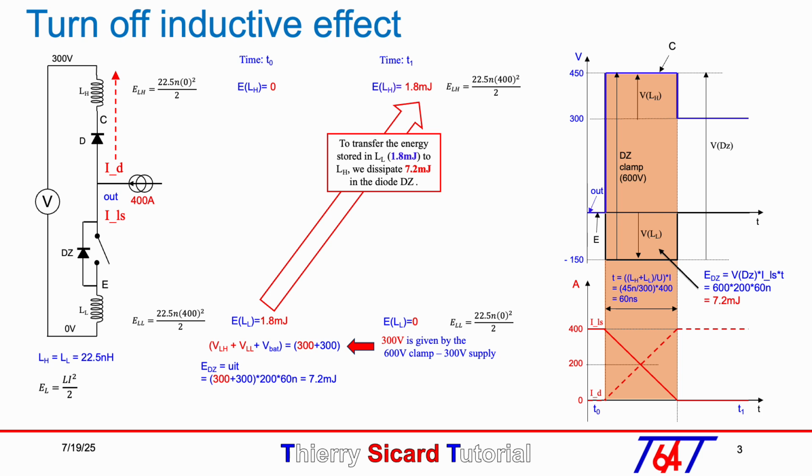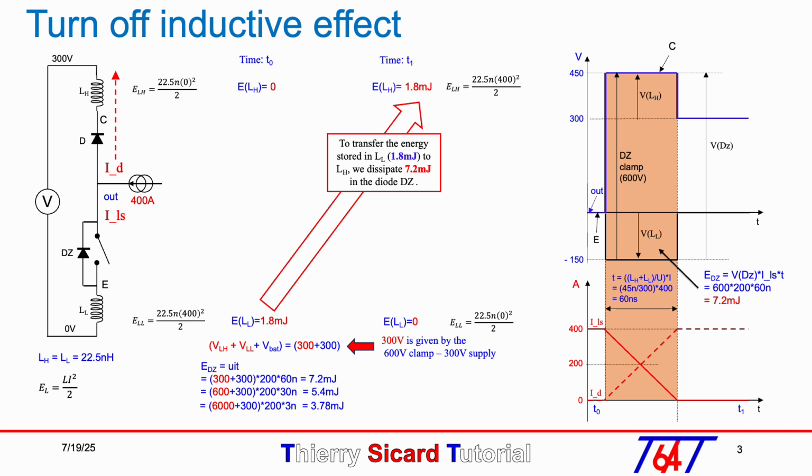The interesting point is, if we increase the blocking value to force 600 volt on both LL and LH inductor, we will reduce the losses from 7.2 to 5.4 millijoule. If we increase the blocking value to force 6000 volt on both LL and LH inductor, we will reduce the losses from 7.2 to 3.78 millijoule.